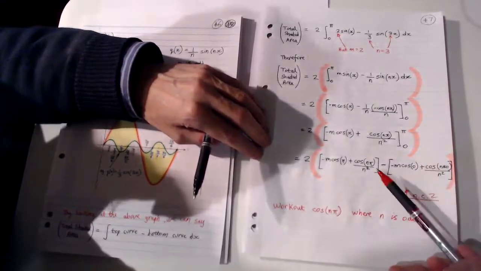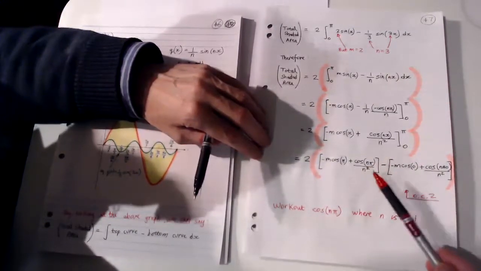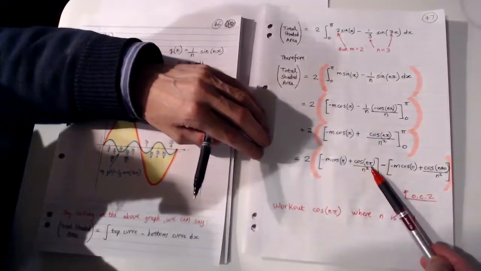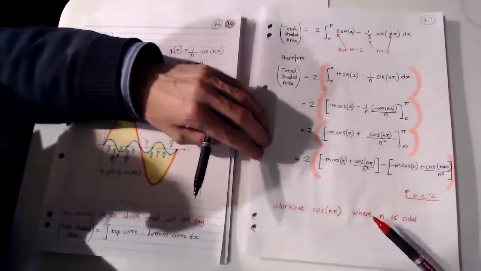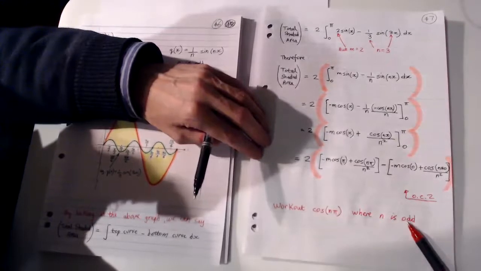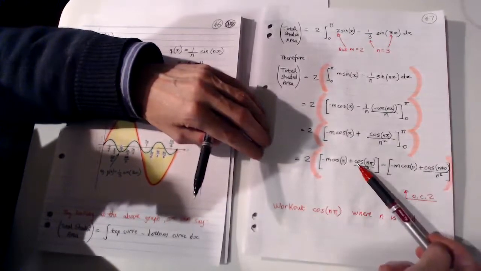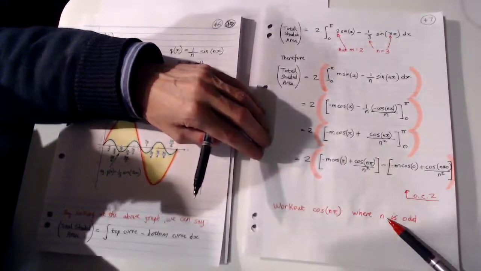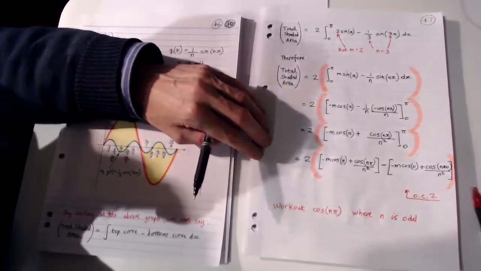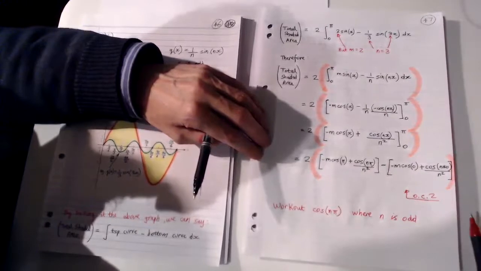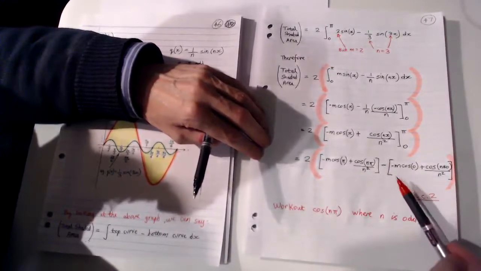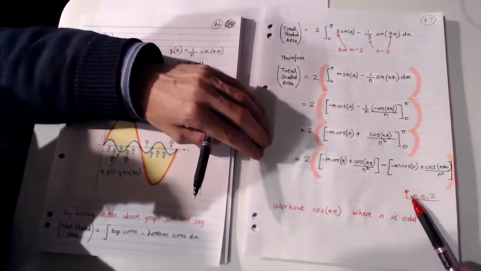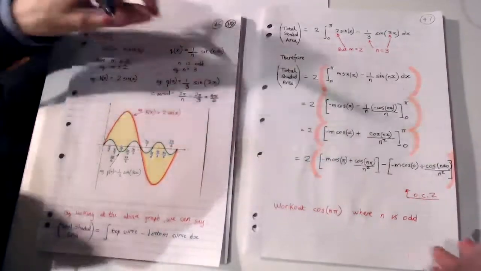Here again, we've got to work out what cos n pi is when n is odd. To work out cos n pi when n is odd, we're going to do a little bit of a side calculation.